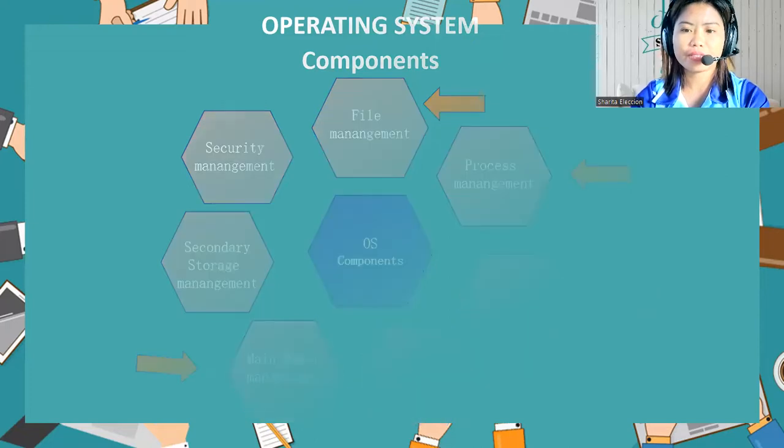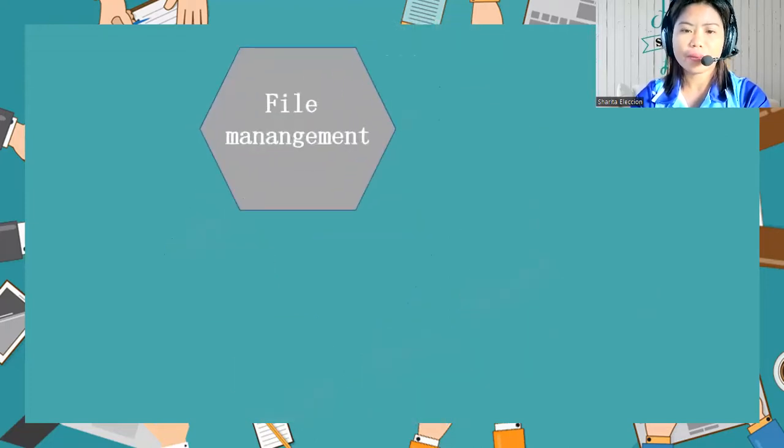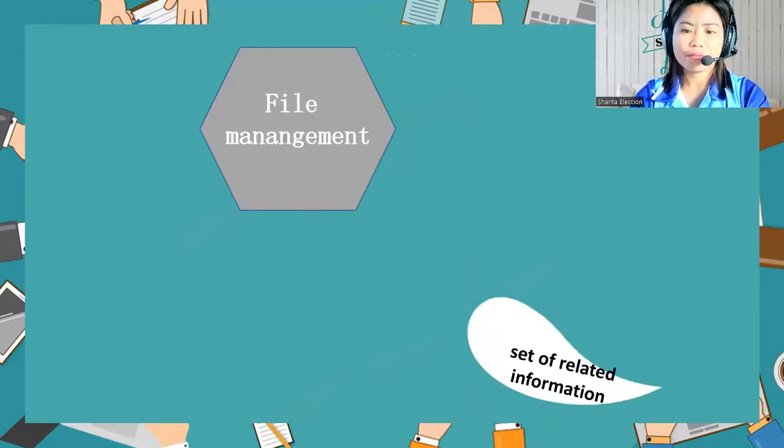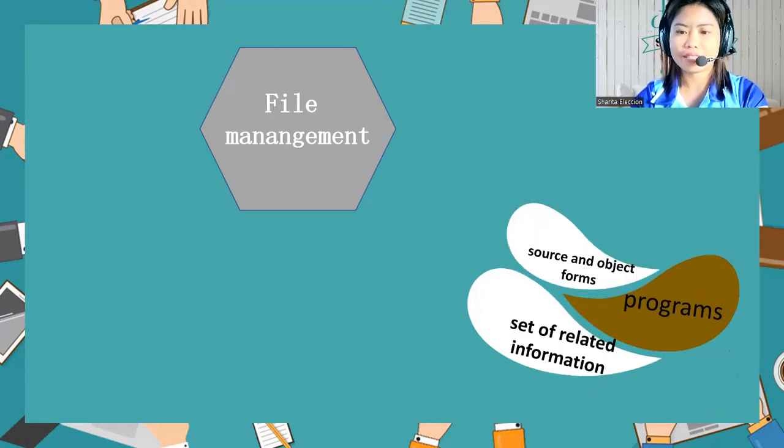Let's proceed to the first one, file management. File management is a set of related information which should be defined by its creator. It commonly represents programs, both source and object forms, and data.